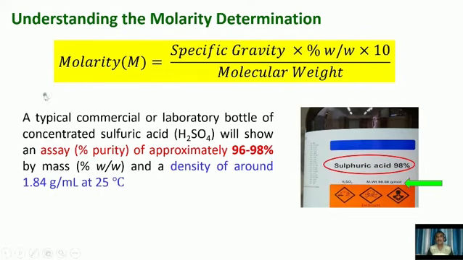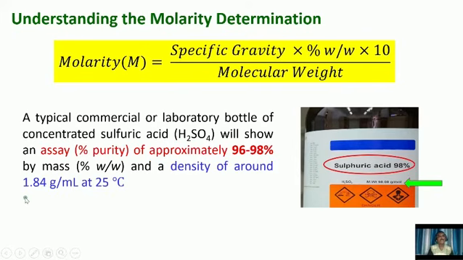Here some figures are shown, they are not visible, but amongst these figures this percentage purity or assay is given. Along with it many parameters are given, but we have to focus on assay, that is how much it is given in front also. And you can see that the density is also mentioned here among these parameters.